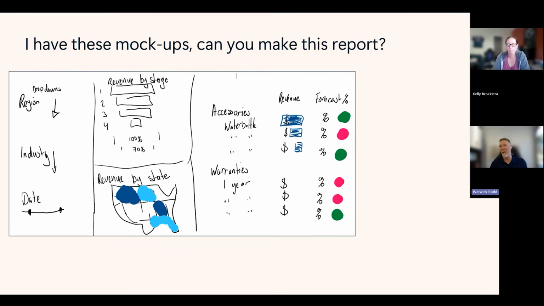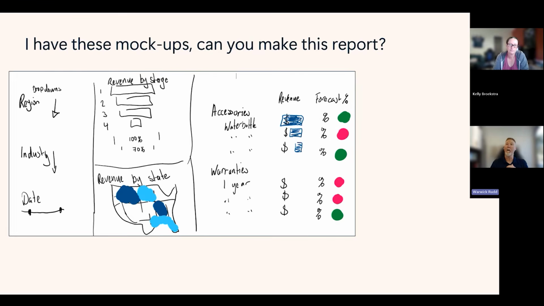Because I'm really interested in the financial year side of things, and go by quarter, looking at how are we for the last quarter by quarter? Is there a change? I want to be able to look at the revenue by stage in how we're going through those. We've looked at the revenue by state because we've spoken about that for our regions.